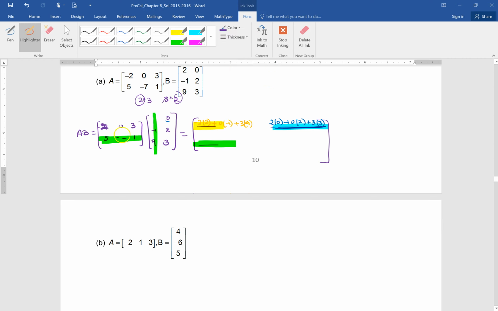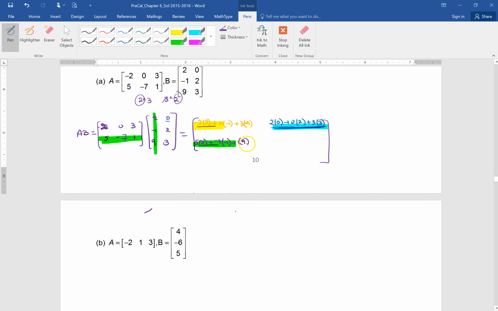So what was this one? This was negative 7. And this is a 2. All right, so I multiply the first terms, 5 times 2. Now the second numbers give me what? And 1 and 9.